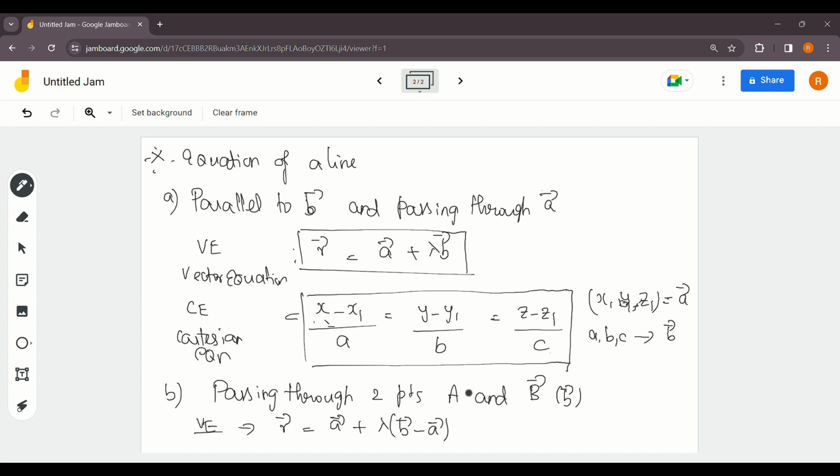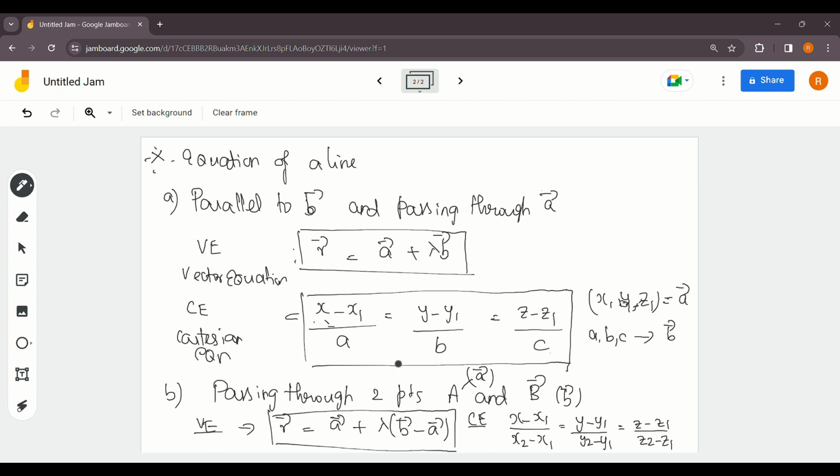This is small b and this is small a. So this is vector equation. And Cartesian equation is x minus x1 by x2 minus x1 equal to y minus y1 by y2 minus y1 equal to z minus z1 by z2 minus z1. So this is the Cartesian equation.